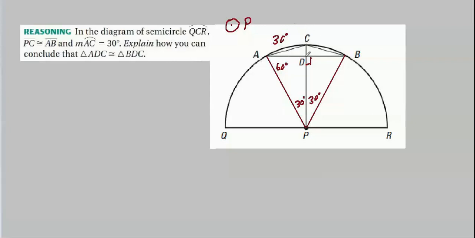So we have a perpendicular bisector here. That means AD and BD are congruent. These two lines are perpendicular. That means we have a right angle here and a right angle here. Also, if a chord connects two endpoints of congruent arcs, then those chords are also congruent. In other words, we have a congruent arc here, and this arc AC is congruent to CB.